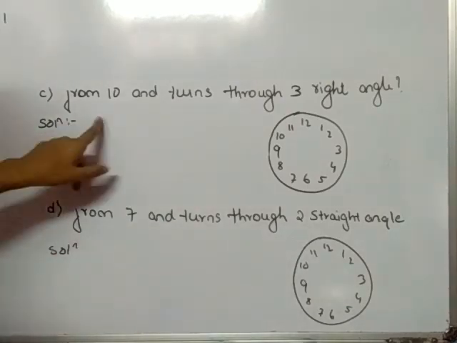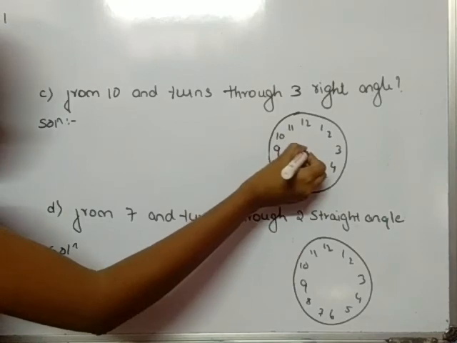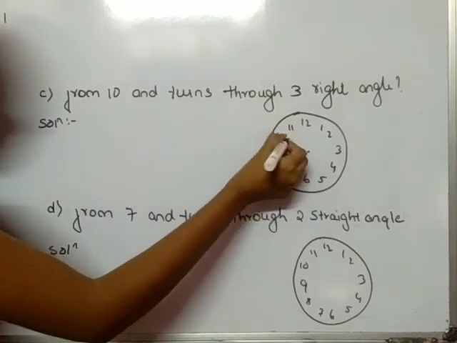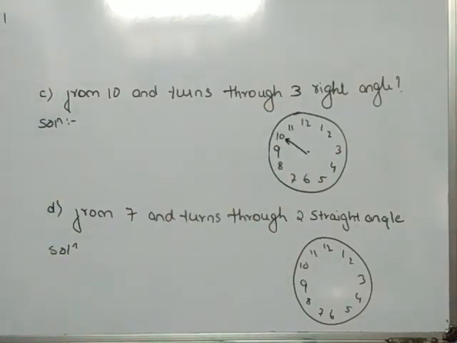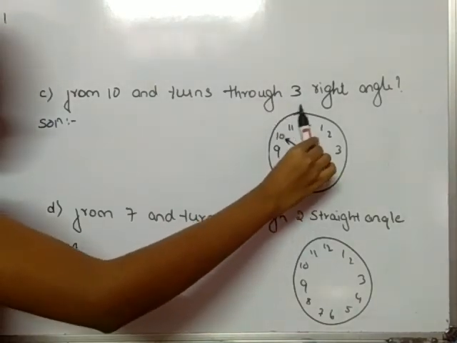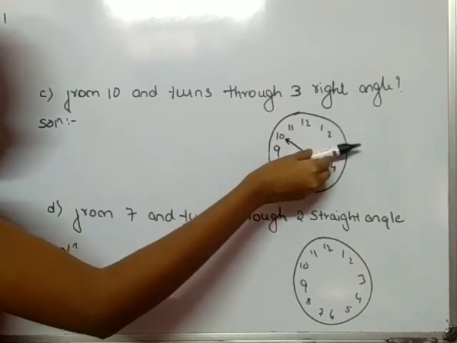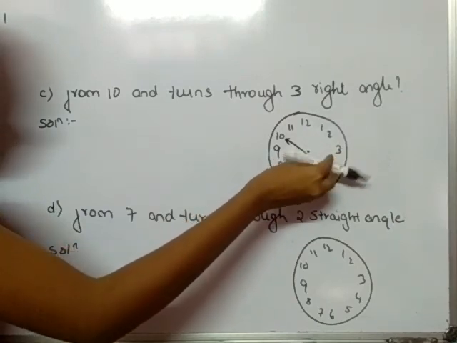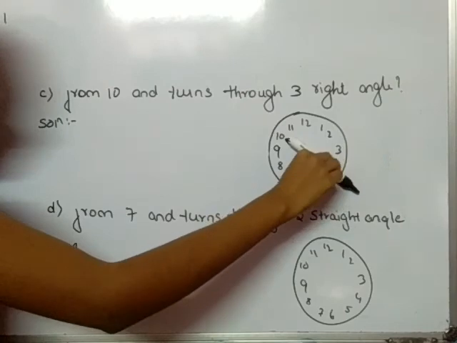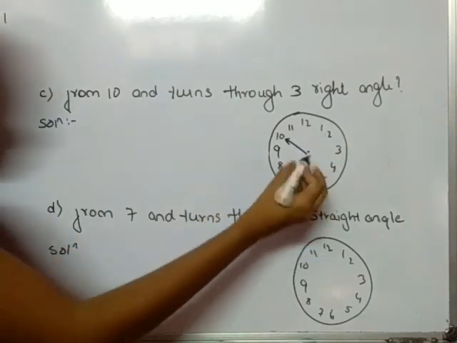C1, from 10 and turns through 3 right angles. It is facing towards 10 now. Here it makes 3 right angles, right?